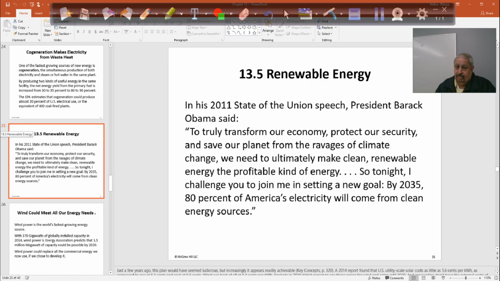Renewable energies. Well, renewable energies is really very important. It means we are reusing this energy, we are recycling those energies, and it is very important to recycle them.